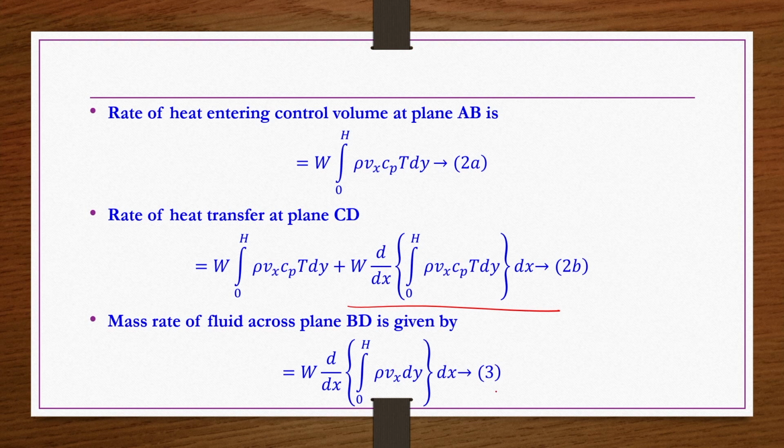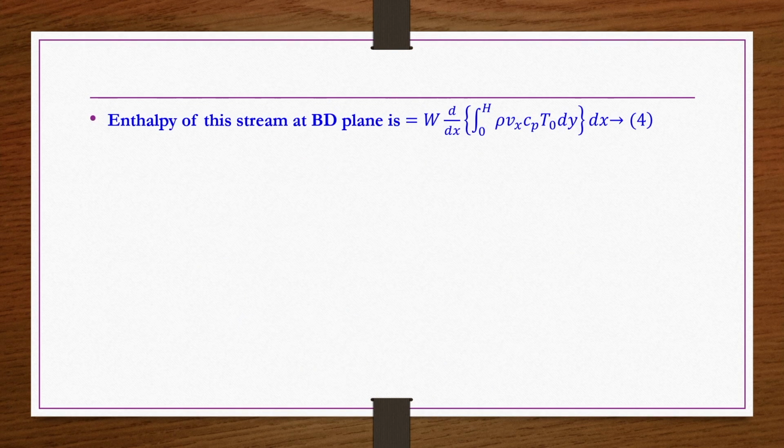So, if you multiply this by rho Cp T naught, you will get the rate of heat entering through plane BD. Okay. Then heat conduction at the wall is nothing but Qw multiplied by the area W dx, W in z direction, dx in x direction.